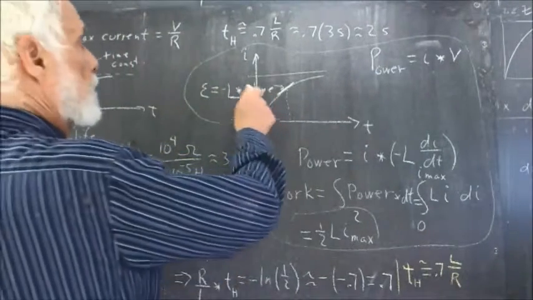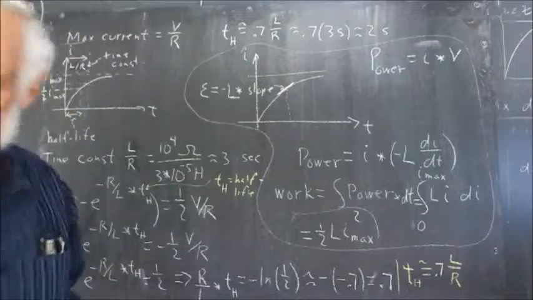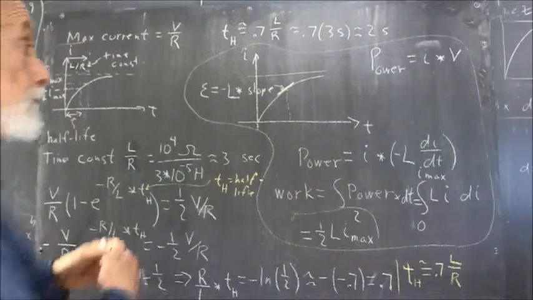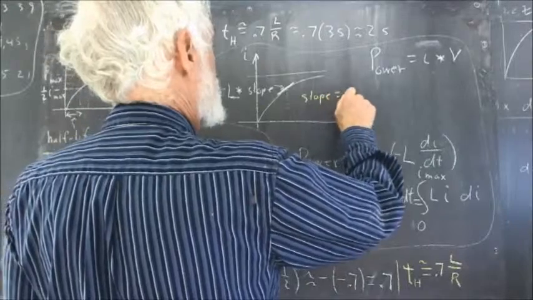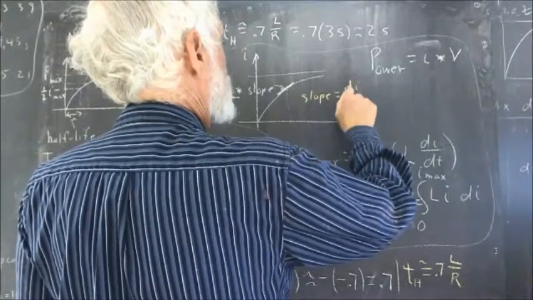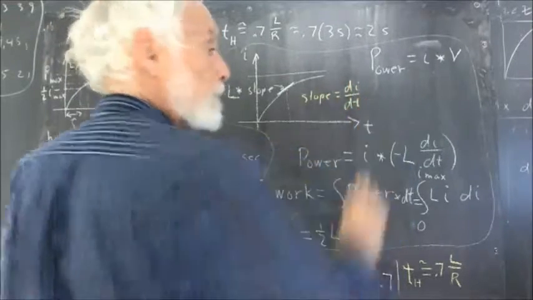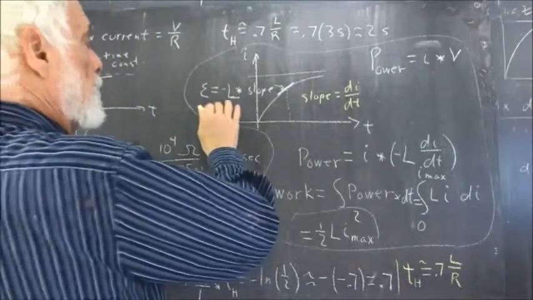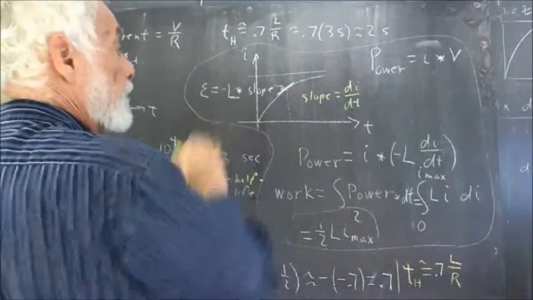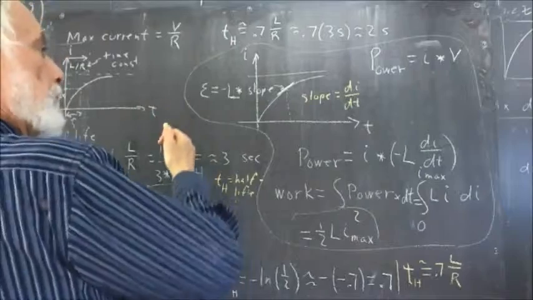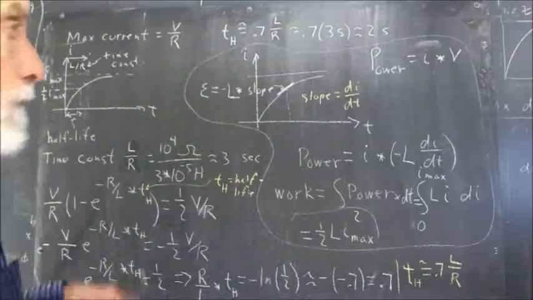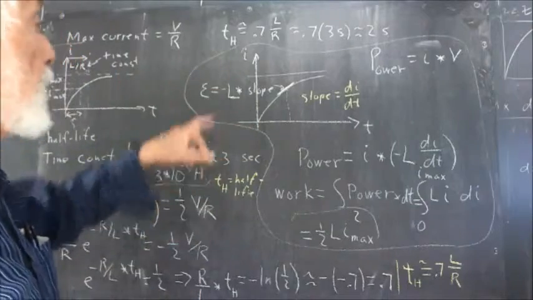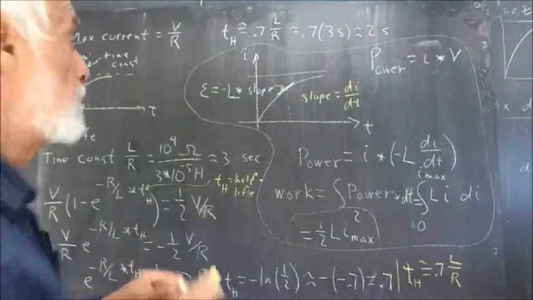The slope being, and let me notate that so we're sure we understand it. The slope is di dt, and the inductance is negative L, and that's the EMF, which is the voltage. So negative L times the slope.